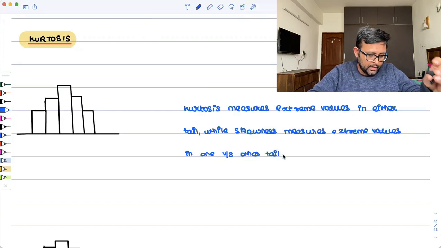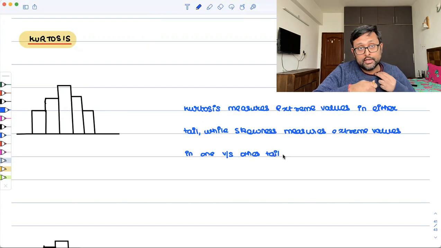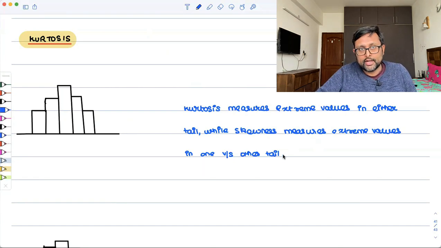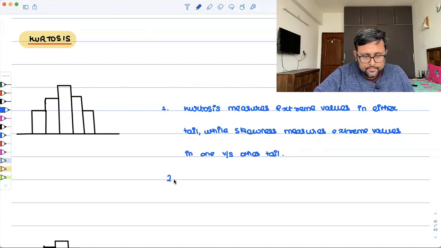Second is, it is describing the peak of the data and how the data is distributed around that peak. That is what kurtosis is trying to describe. So please write.